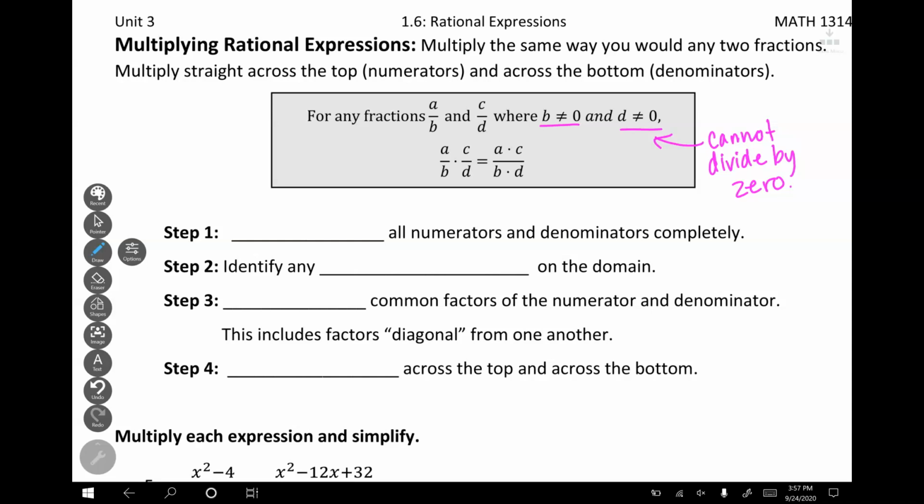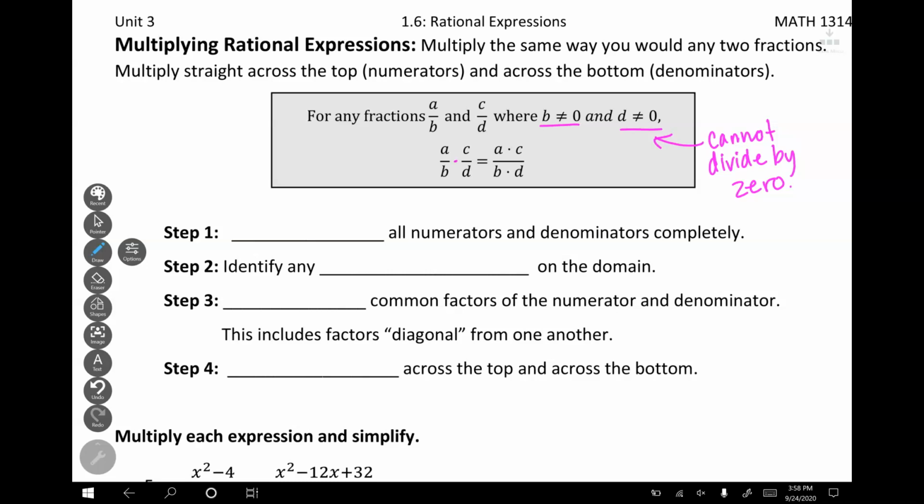So just making sure that whatever's in the denominator cannot equal 0, and finding the x values that would restrict how that would restrict your domain. All right, so we've got a over b times c over d, and so notice they just multiply a times c on the numerator and b times d in the denominator.